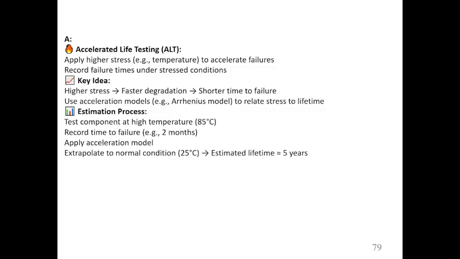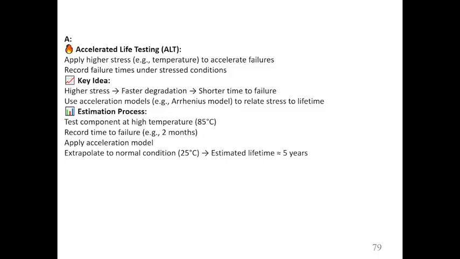Using this relationship, we can extrapolate the result back to normal operating conditions and estimate the real-time data, which in this case is around 5 years. This approach significantly reduces testing time and cost while still providing valuable reliability insights.